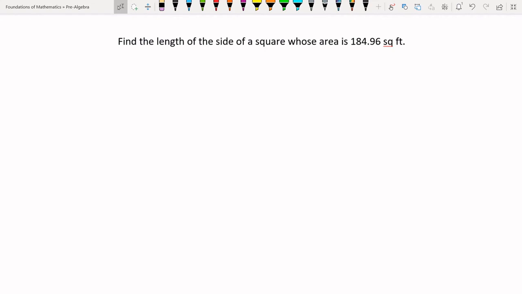All right, now we have some application problems. Find the length of a side of a square whose area is 184.96 square feet. Now, a square has the same length as width, right?